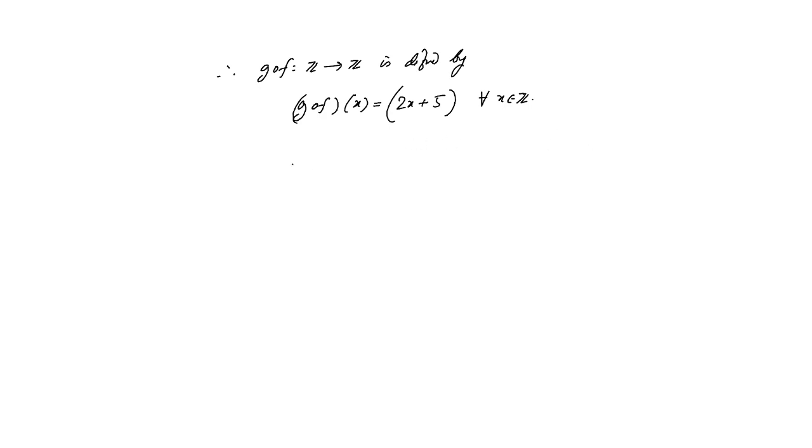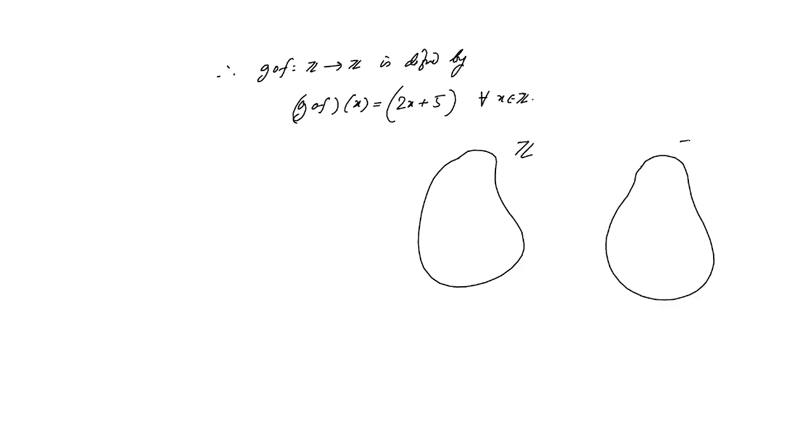Now the image here, you will take Z, and this is also Z: 0, 1, 2, 3, 4, minus 1, minus 2, minus 3 and so on. So 0 goes to 5.